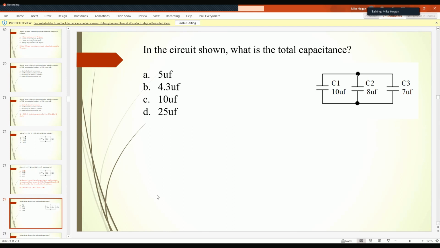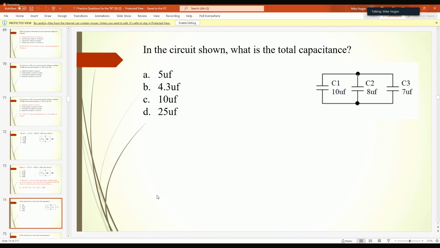All right. So in the circuit shown, what is the total capacitance? Total capacitance. 25.